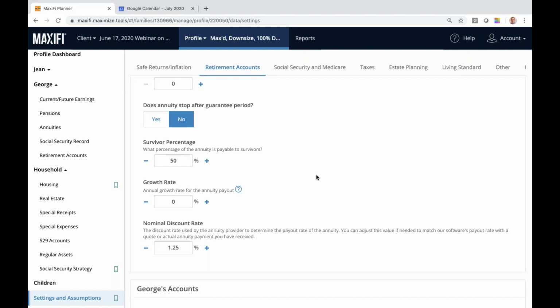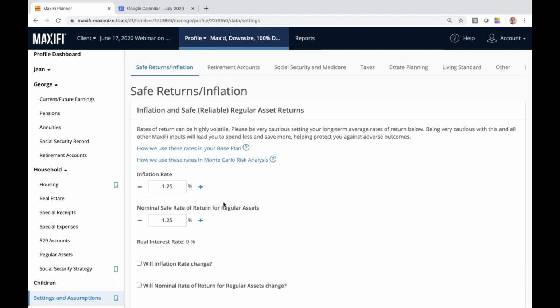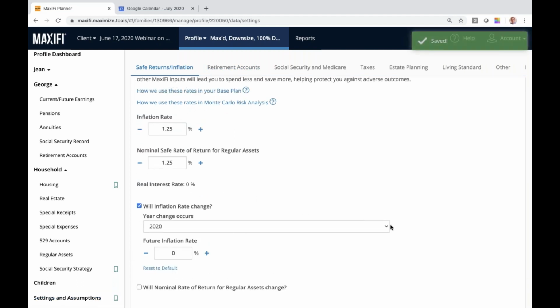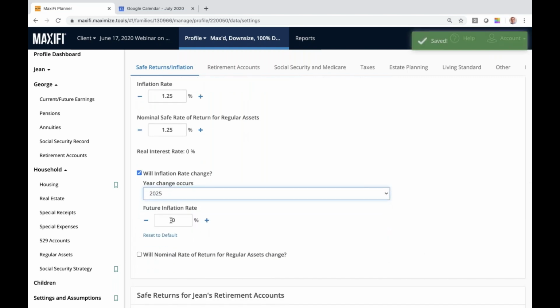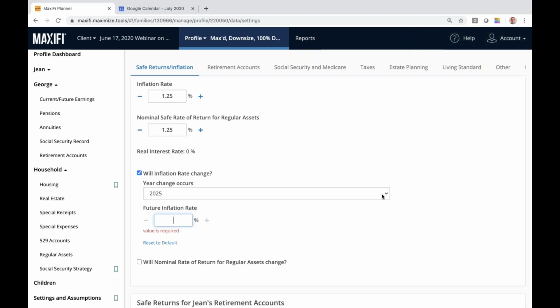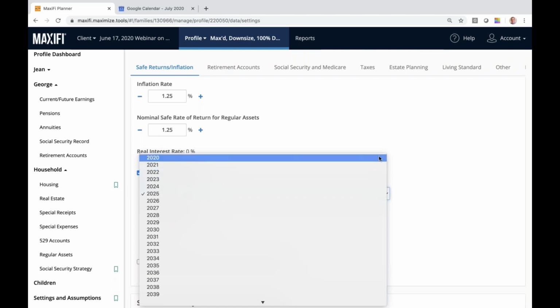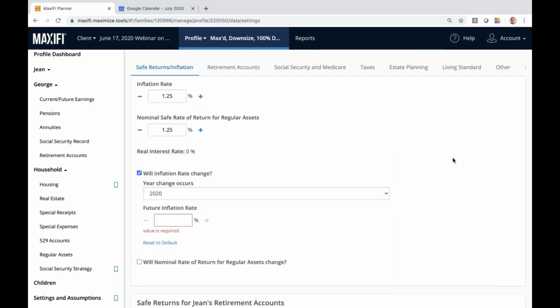But you can see what's involved here by running the program with different assumptions about future inflation. Again, you go back over here to safe returns and inflation, and you say, will inflation change? You say, yes, I think that in 5 years, inflation is going to go up to 10% a year. Future inflation rate, 10. Bingo. Now you run it. And you can see right away by doing a comparison report how this compares with inflation not changing. And this is a way to assess the risk.